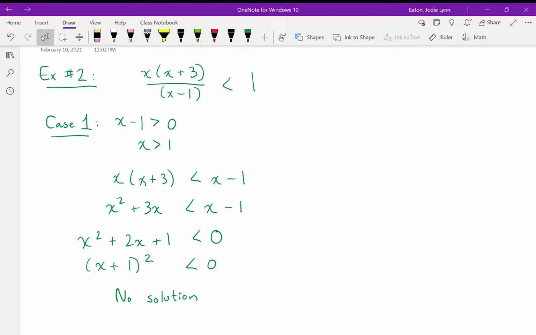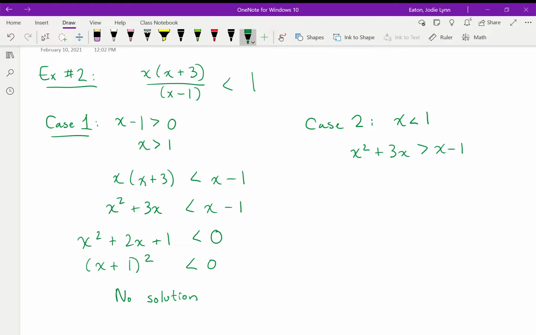Next, we're going to look at case 2, which is where x is less than 1. So we get x squared plus 3x, and this time it is greater than x minus 1.